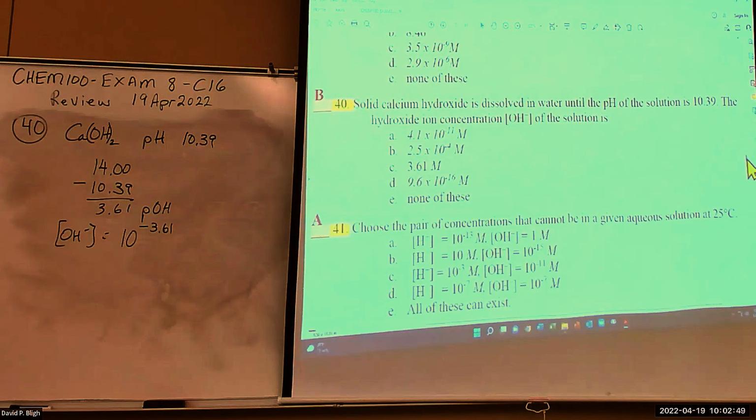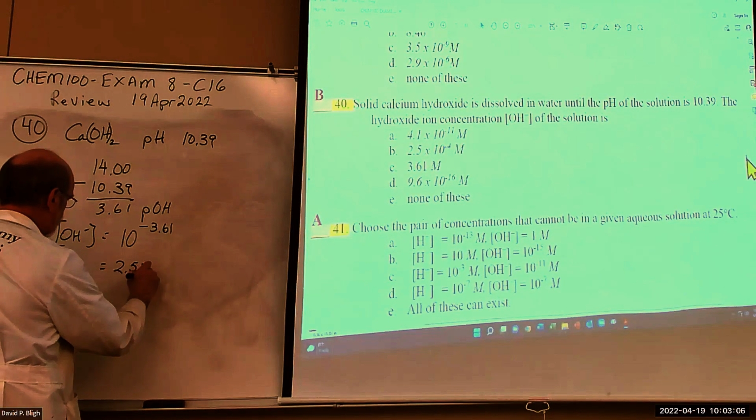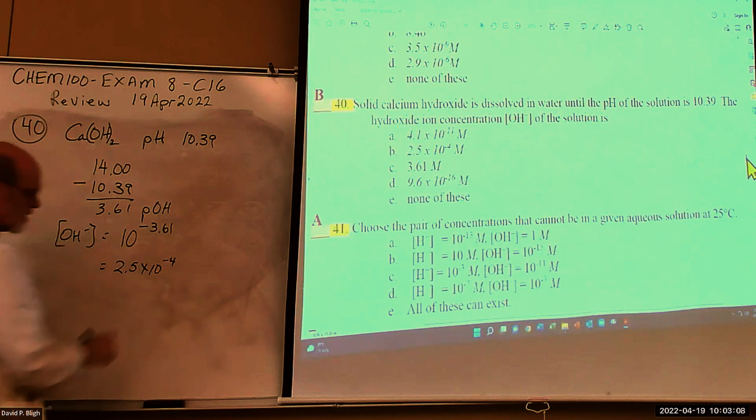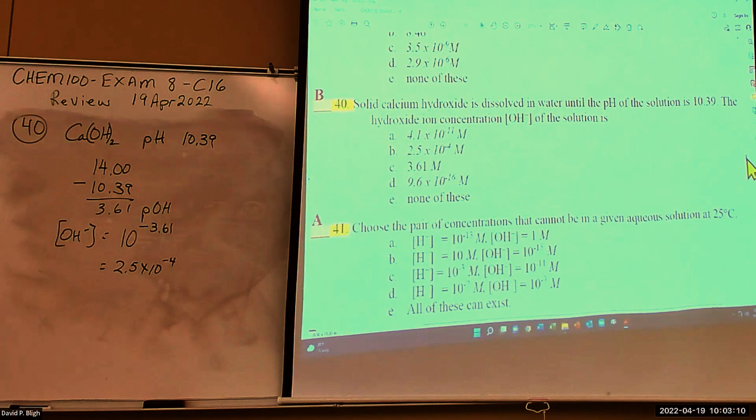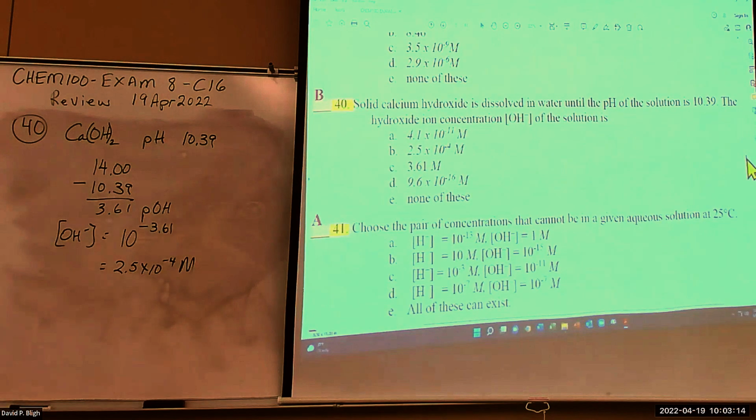So let's see what that is. I get, two decimal places means 2.5 times 10 to the minus 4 molar. There it is right there.